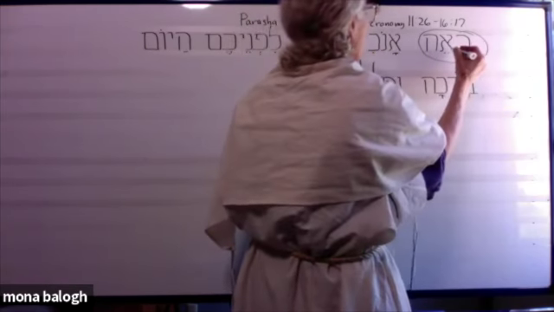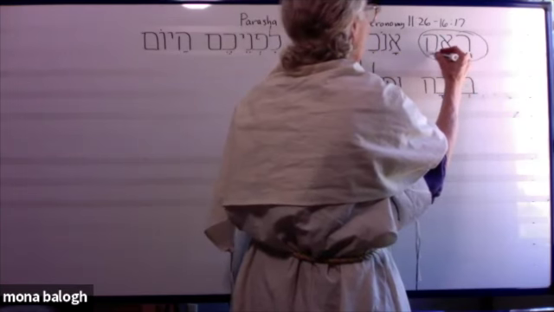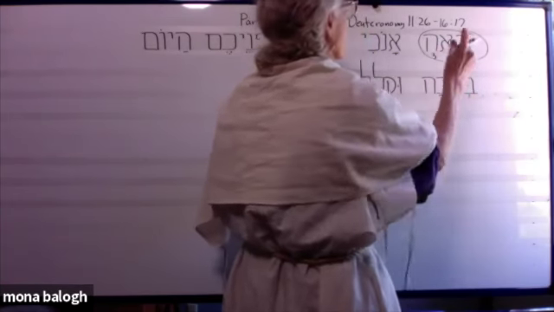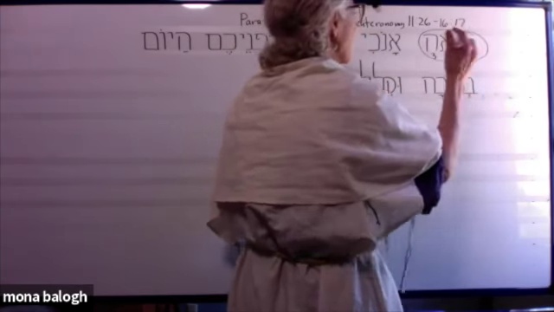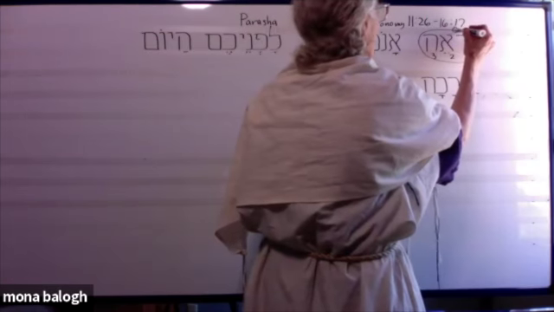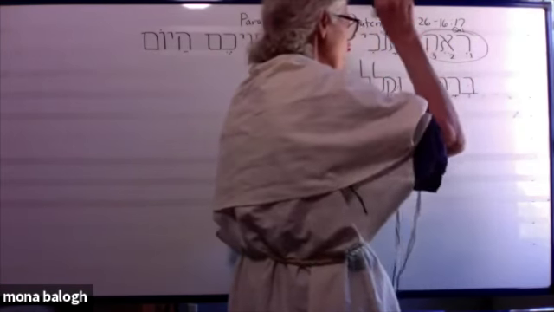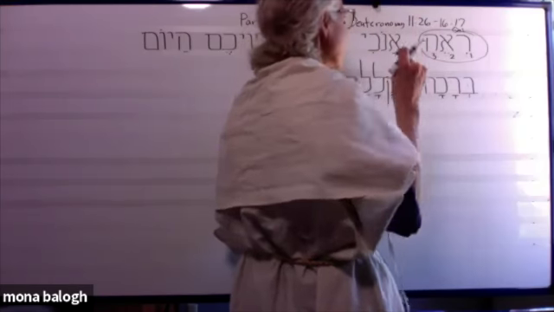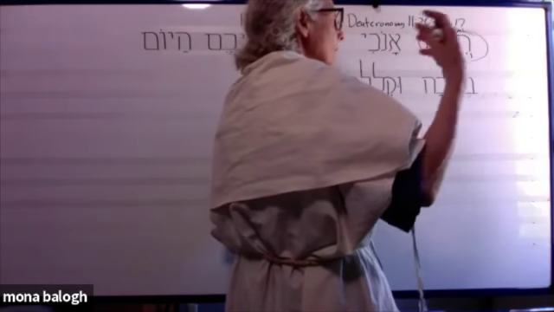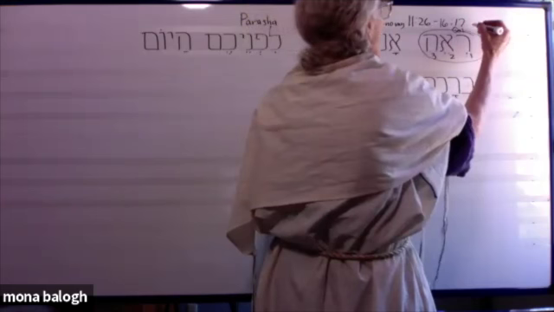Reish is the first letter, Aleph is the second letter, Hey is the third letter. You'll learn all this. The stem is Kal, which just means light, not as in light photons, but like easy. It's simple active.